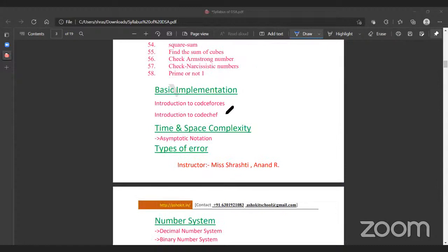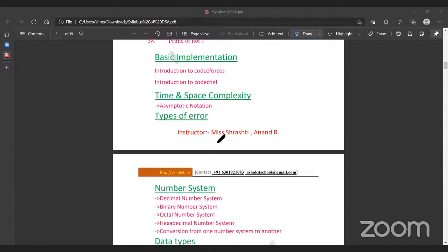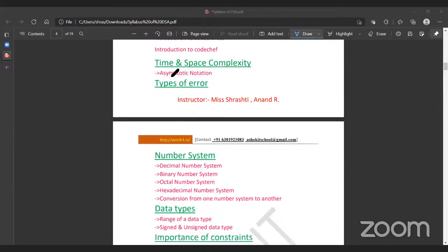Then one day we are going to discuss how to write the code on the Codeforces and CodeChef platform. Next is discussing a very important aspect, that is time and space complexity. I hope everyone knows why time and space complexity is so important, because that's the thing which makes your problem simple or tougher.